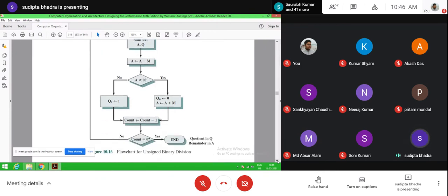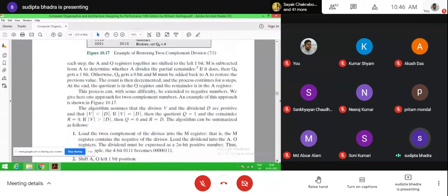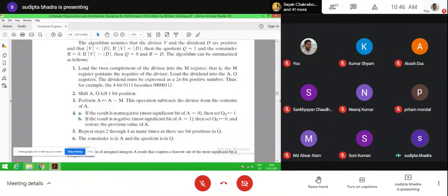Now here you see in the division case, in this particular algorithm, if we take 1, 2, 3 steps, the 4-bit dividend we express as 8-bit. We also take the 4-bit A register populated with 0, then we do the 1-bit left shift. Now we perform the subtraction.